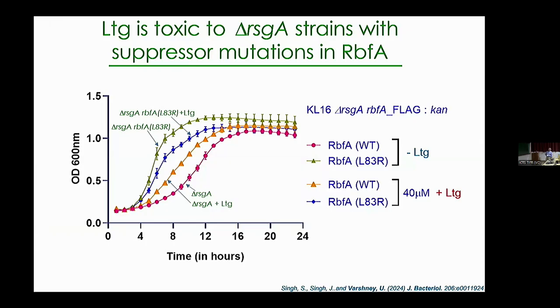Now, if you get this RBFA mutation, it grows even better. So perhaps the function of lamotrigine is to alter the conformation of IF2, which can now bind to the place where RSGA will bind and actually remove RBFA from the ribosome. And it is possible because they occupy the same site on helix 44 of the 30S subunit.